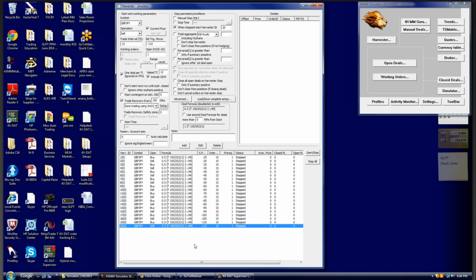This means that this strategy is composed of 20 different algorithms. They are all set up to trade pound yen. Half of them are to buy pound yen, the other half is to sell pound yen. In other words, 10 algorithms will be managing long trades, and 10 algorithms will be managing short trades.